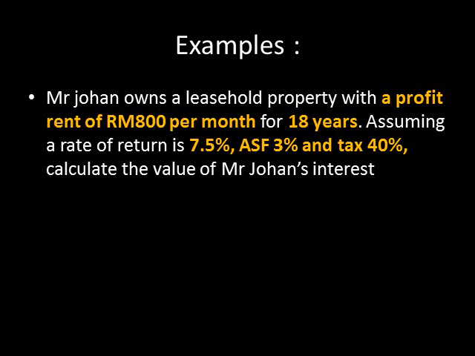Alright, so calculate the value of Mr. Johan's interest. So how to do this? The way to do this is actually similar to what you have learned before. However, the difference is previously you used income or rental receipt. For this case, you are going to use a profit rent. For this situation, it is already stated the profit rent is 800 per month.